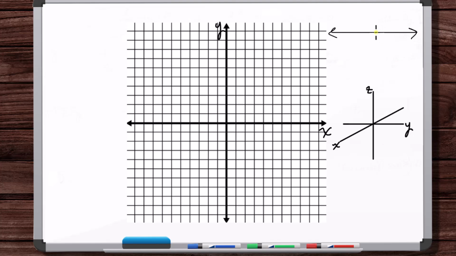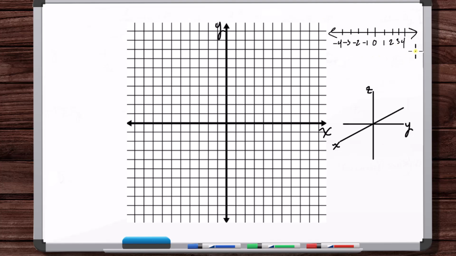But we're focusing on the real number line. So, 1, 2, 3, 4. You've got minus 1, minus 2, minus 3, minus 4. This is a real number line that we deal with most of the time, and this is said to be scaled linearly.